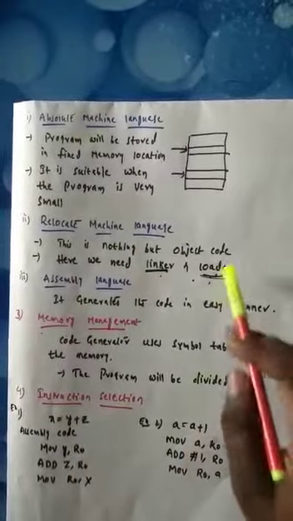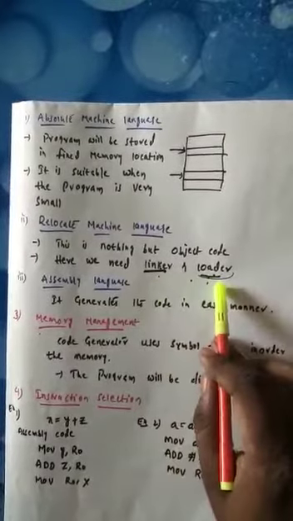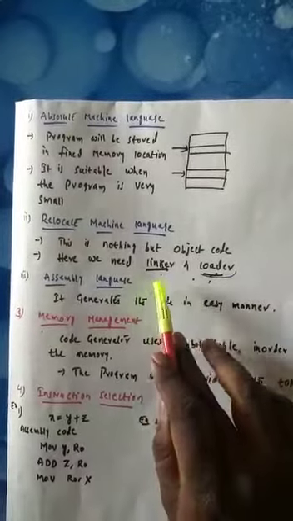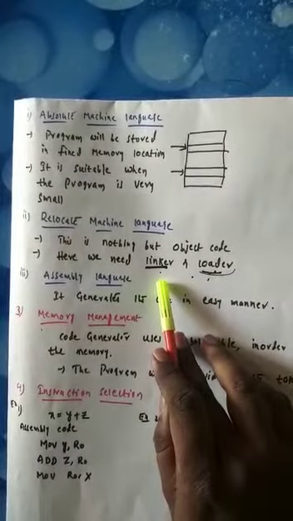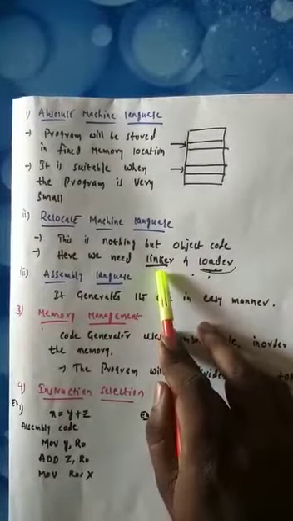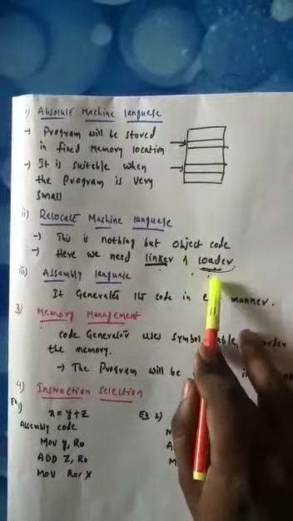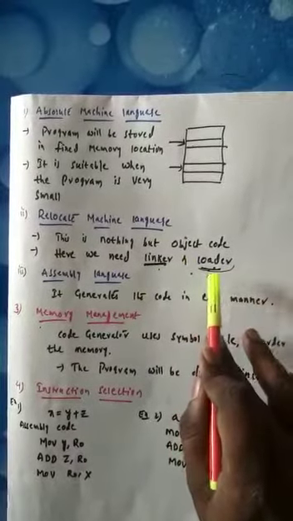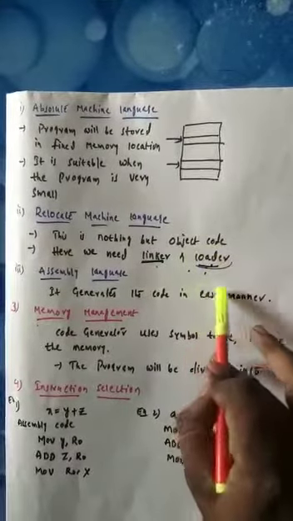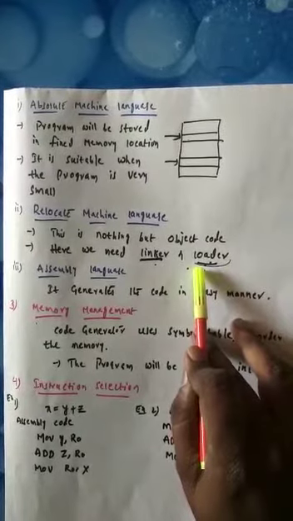The second one is relocatable machine code, which is nothing but object code. Here we need linkers and loaders. We know what a linker and a loader are. The linker links the object code of several programs into a single program, and the loader loads the corresponding executable file into main memory.